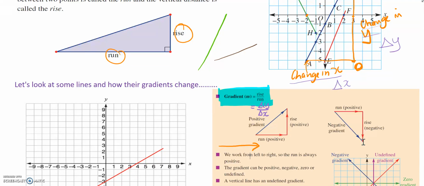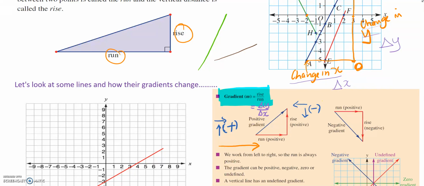So this is what we need to remember. Going to the right and going up is positive. Going to the left and going down is negative.